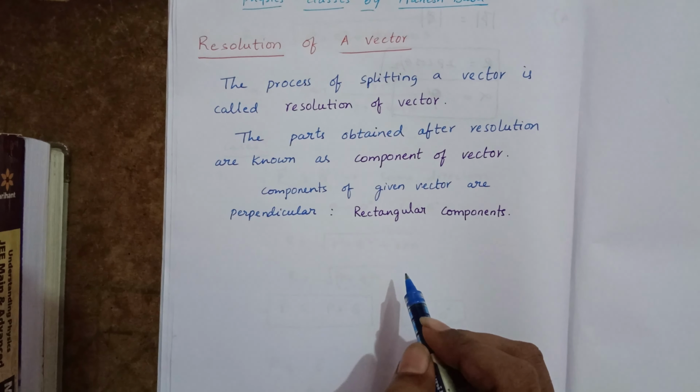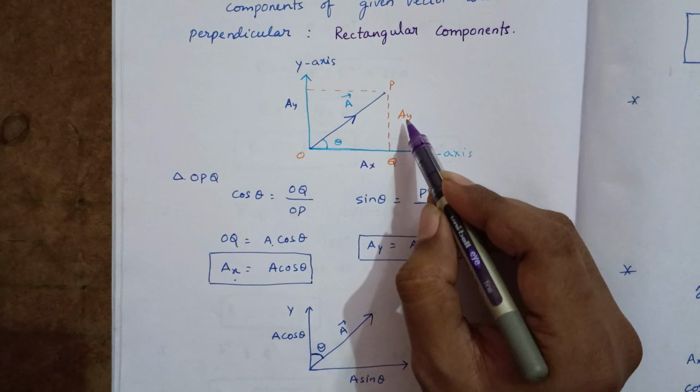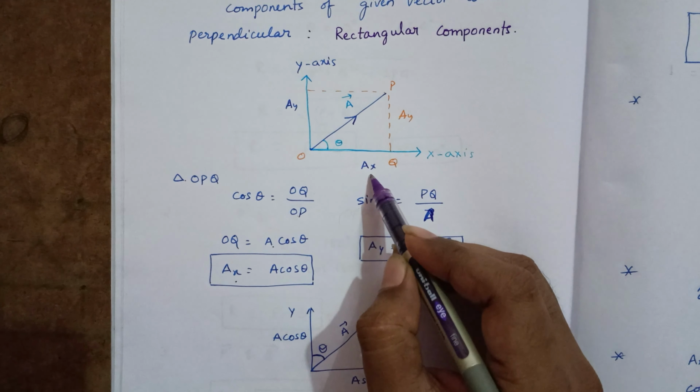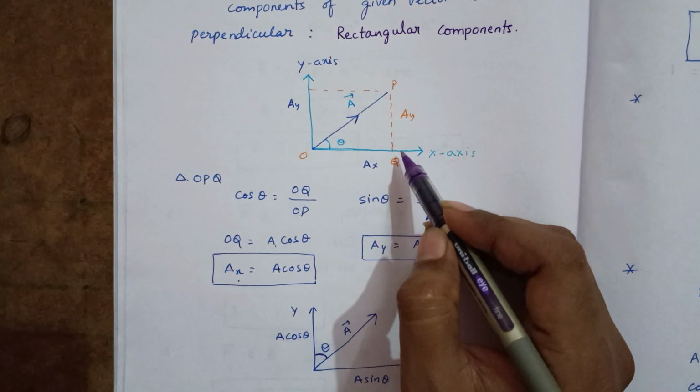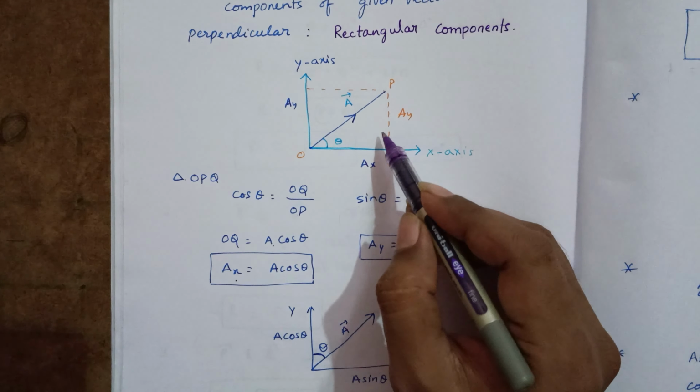Now once again see here, right angle triangle OPQ. In this right angle triangle, theta is the angle here. Opposite side is AY. Adjacent side is AX. Why does PQ become AY? It is parallel to the Y axis. Y axis we have taken AY. So PQ equal to AY.